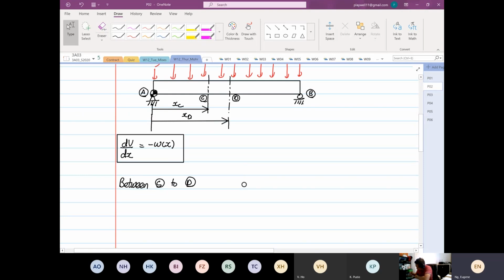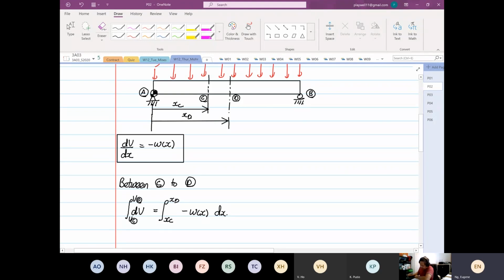the shear force, you integrate dV between point C, V of C, and V at point D. This will be equal to the distance x_C to x_D, and it will be equal to minus omega x dx.